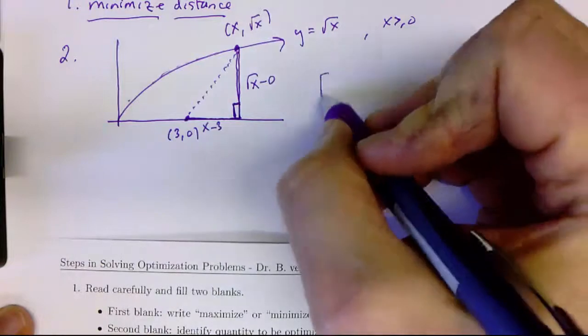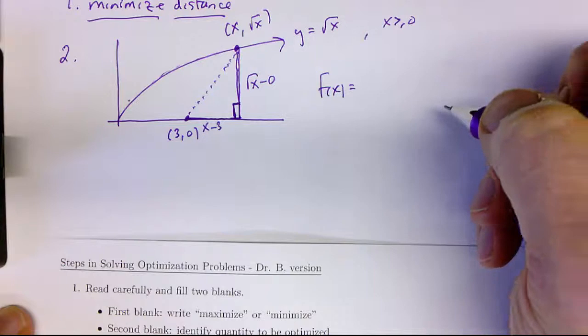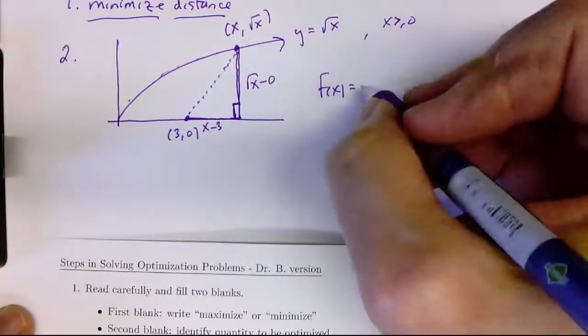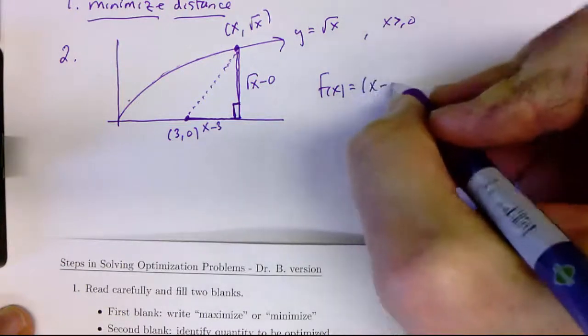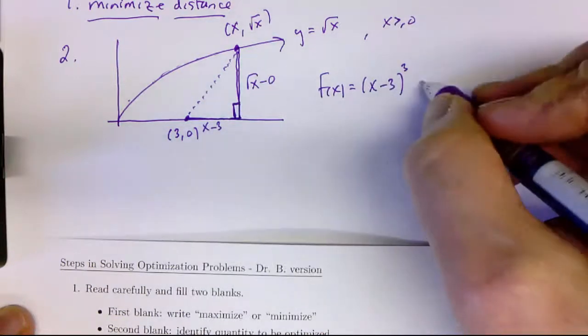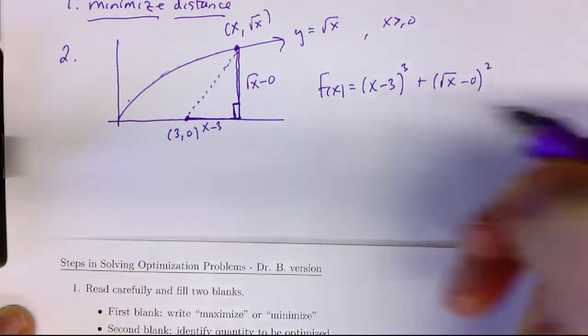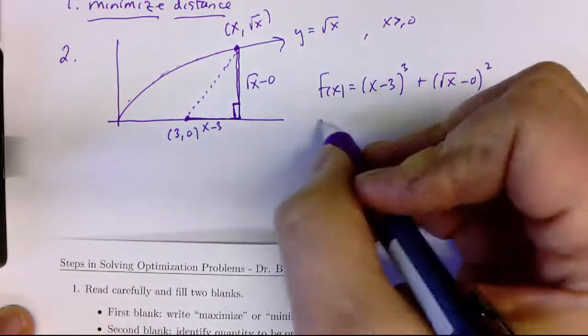So my function, which corresponds to distance squared that I wish to minimize, is going to be a squared plus b squared equals c squared. We can clean this up.